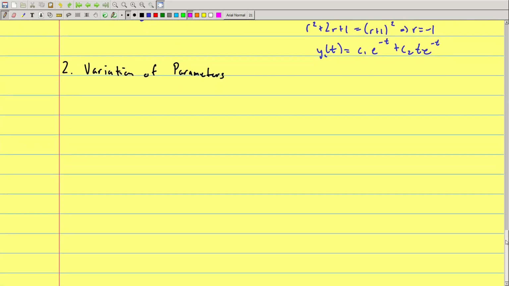Now, for variation of parameters, we start off in the same place. We have some non-zero right-hand side. Okay. And in some sense, g of t on the right-hand side of our differential equation is not nice.